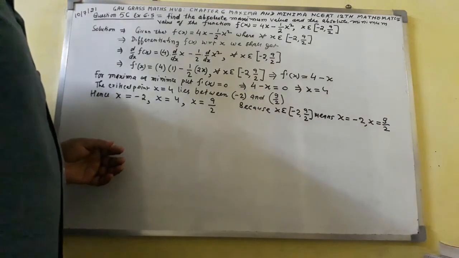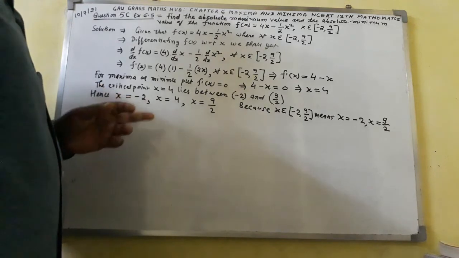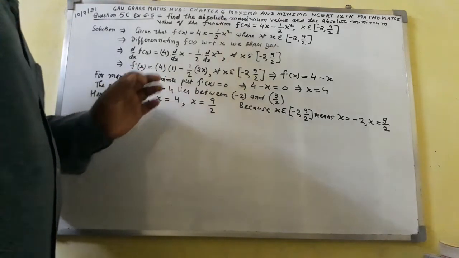Three different values of x we have got: x equal to minus 2, x equal to 4, x equal to 9/2.